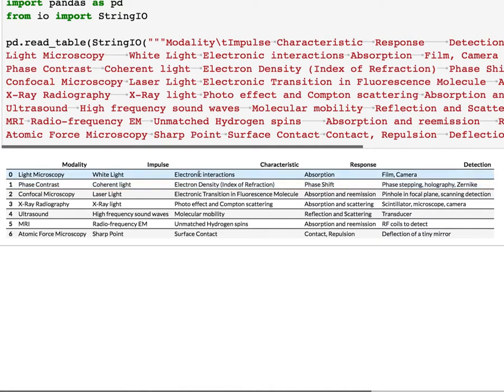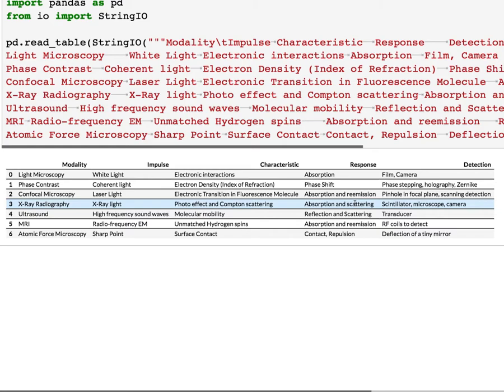And that makes a reasonable amount of sense for X-ray radiography. It gets a little bit more complicated where you now have X-ray light, so much higher energy light, as your impulse. You have sort of the photo effect and Compton scattering as the interaction you're probing. So you're not probing the same electronic interactions, you're probing different ones, which is why you can see bone well on an X-ray, and you can't see bone well when you take a picture of your arm, hopefully.